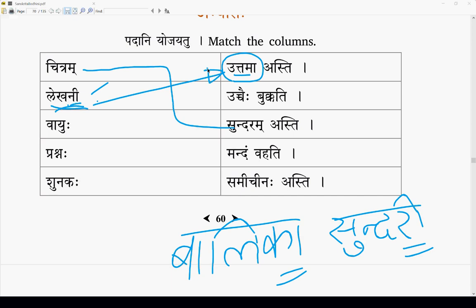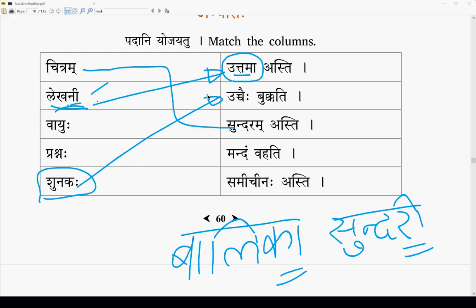We don't want to say Vayu, which is wind or air, is barking, so we'll keep it aside. Shunakaha Uchai Bukkati can go there. And Vayuhu Samichina asti could be answered. Vayu is Samichina, okay.